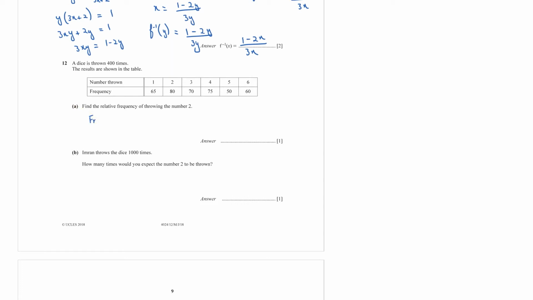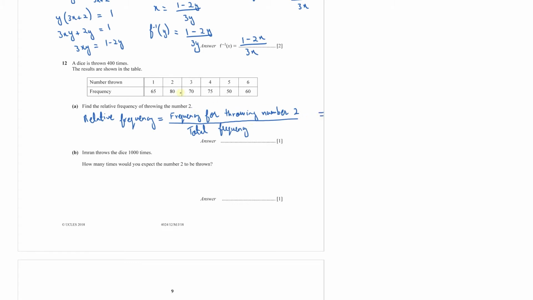So your relative frequency would be the frequency for throwing number 2 divided by the total frequency, you can say the number of times you have thrown the dice.